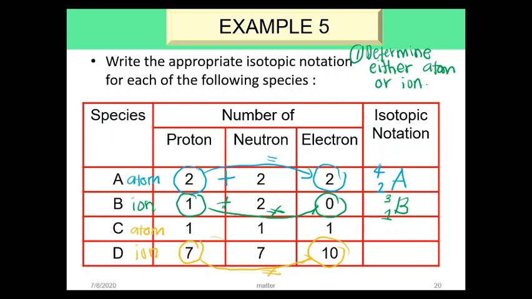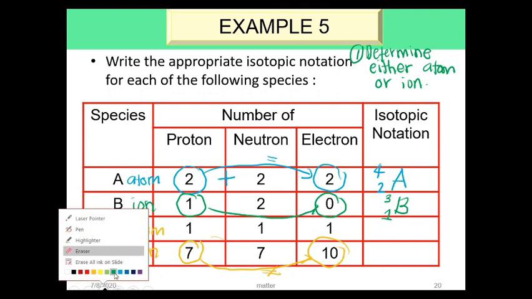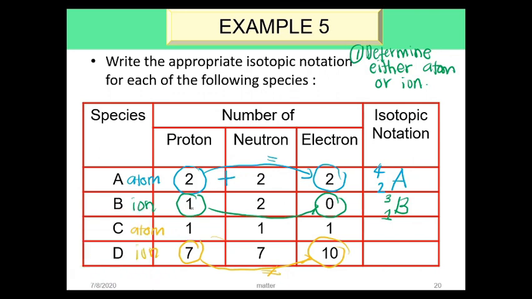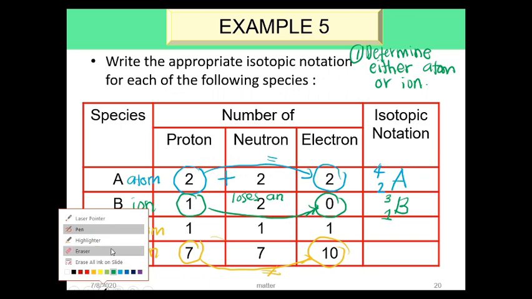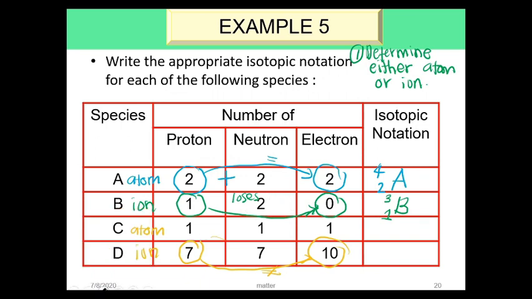But look at here, the number of proton is 1, but the electron number is 0, means B loses 1 electron.